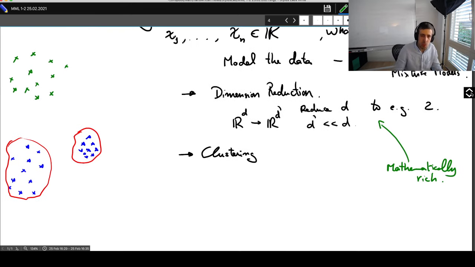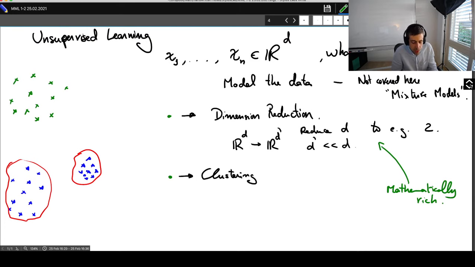Now, depending on how much time we have, and how fast we can go, it turns out that these two approaches can be viewed as two sides of the same coin, because in both of them, what you're trying to do is learn the geometry of your data, right? You get these point clouds, these endpoints in R^d.